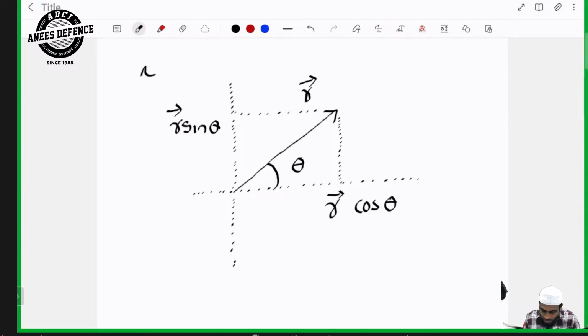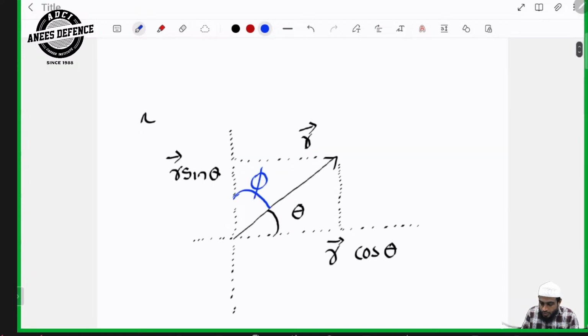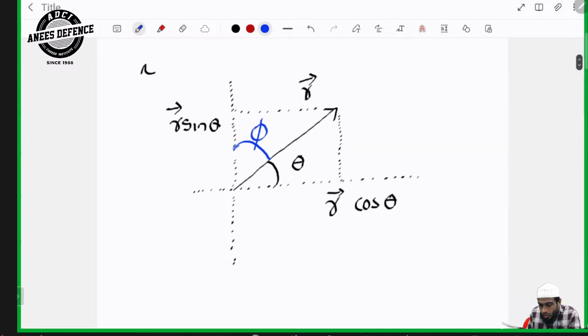If there is an angle here, then it will be cos theta. Here, if this angle is phi, a different angle, then along with the phi, I can put R cos phi.